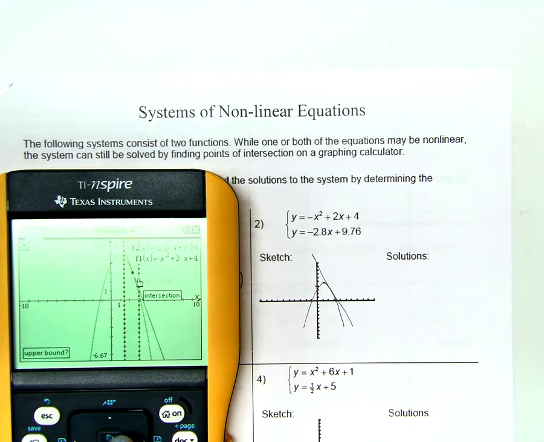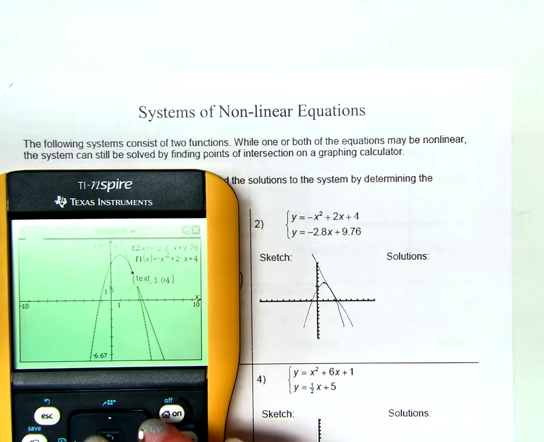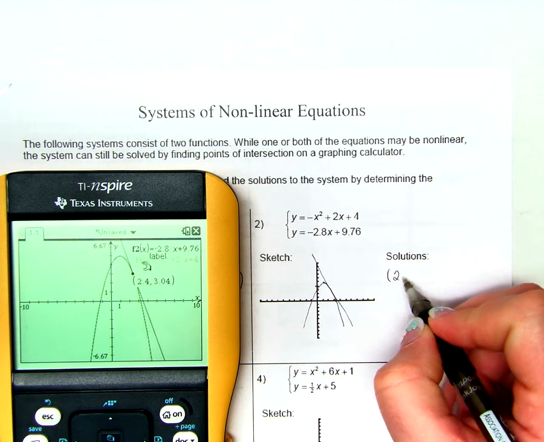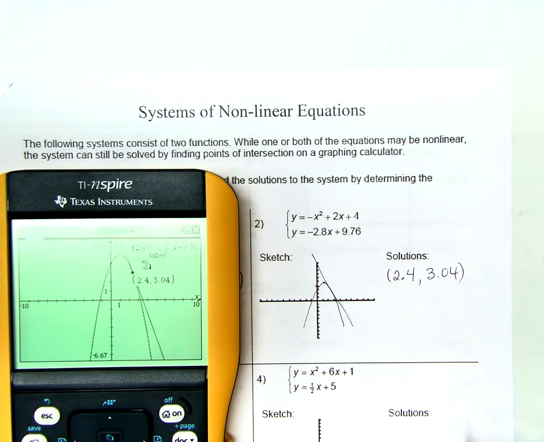As I scoot it over, no more points appear. So that is going to be our only point of intersection. Now that's kind of a little cheater way, and it's not actually always accurate. So you just have to be careful. You just have to use your knowledge of parabolas and lines to figure out how many intersections happen right there.